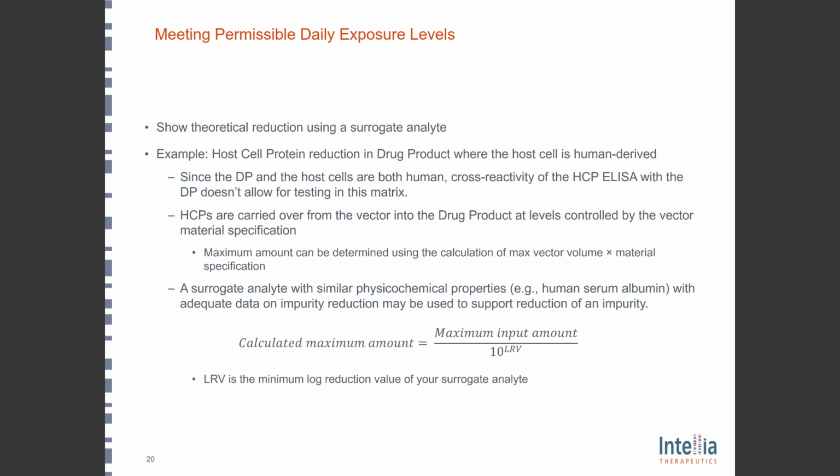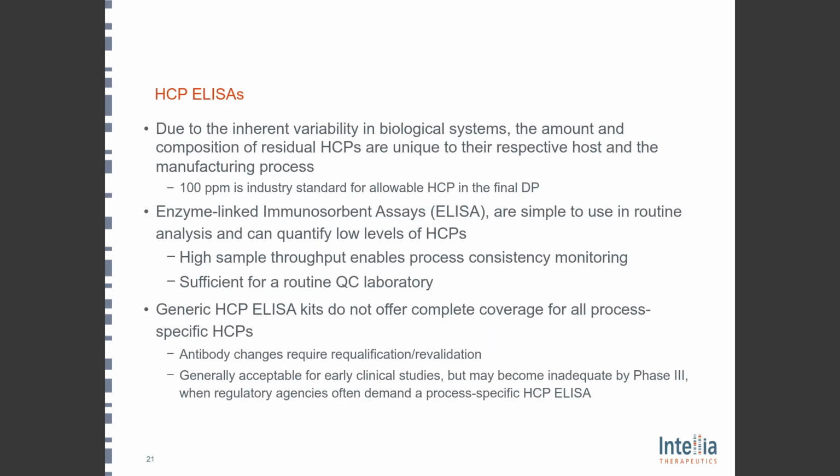In this way, you can show maybe that your host cell proteins are below, or maybe not below, your permissible daily exposure, depending on whether or not you've been able to calculate that for host cell proteins. But you can show that they would be reduced to a certain amount within your drug product, and you can show that to the regulatory authorities in your submissions.